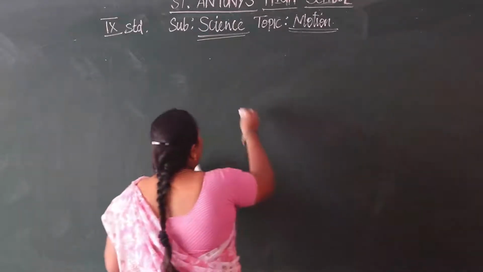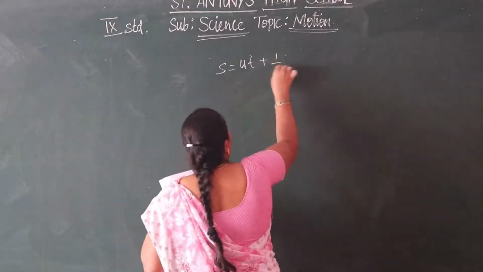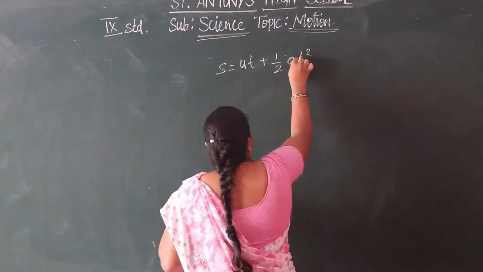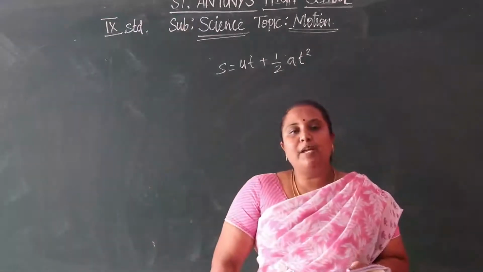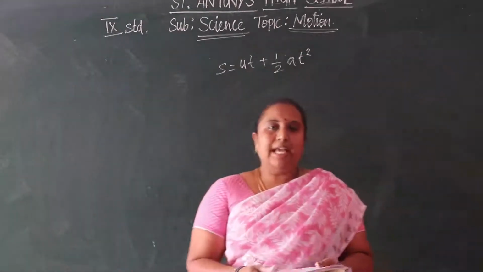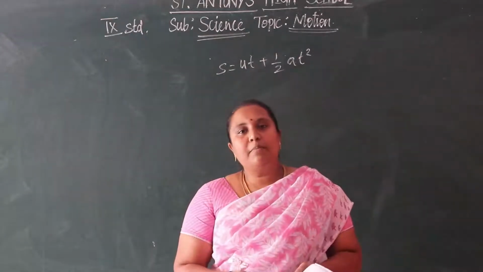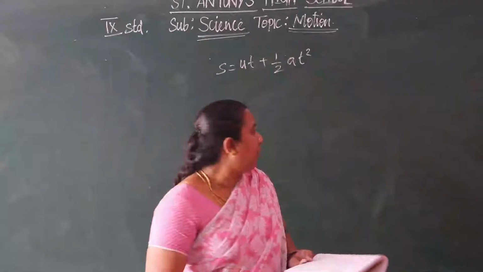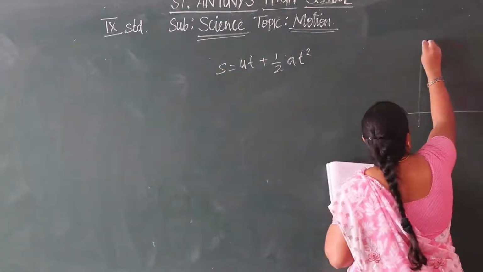Using the velocity-time graph, how do we find this? The distance traveled by the object equals the area of OABC, which is a trapezium. Let us see the graph again. I erased it.